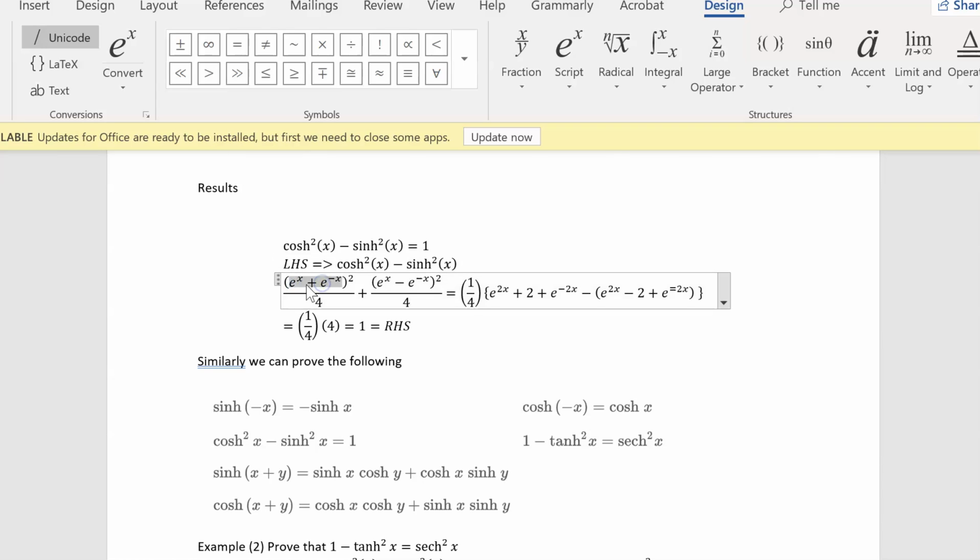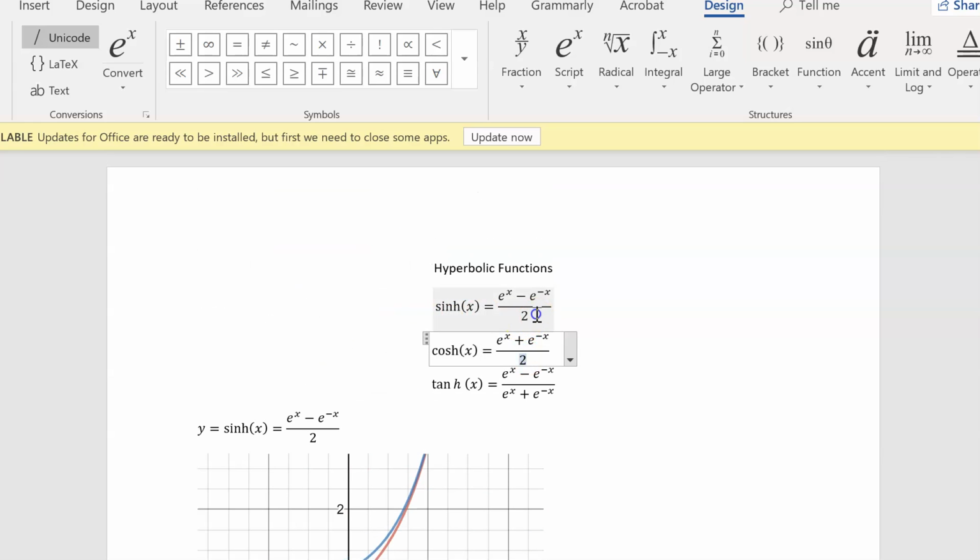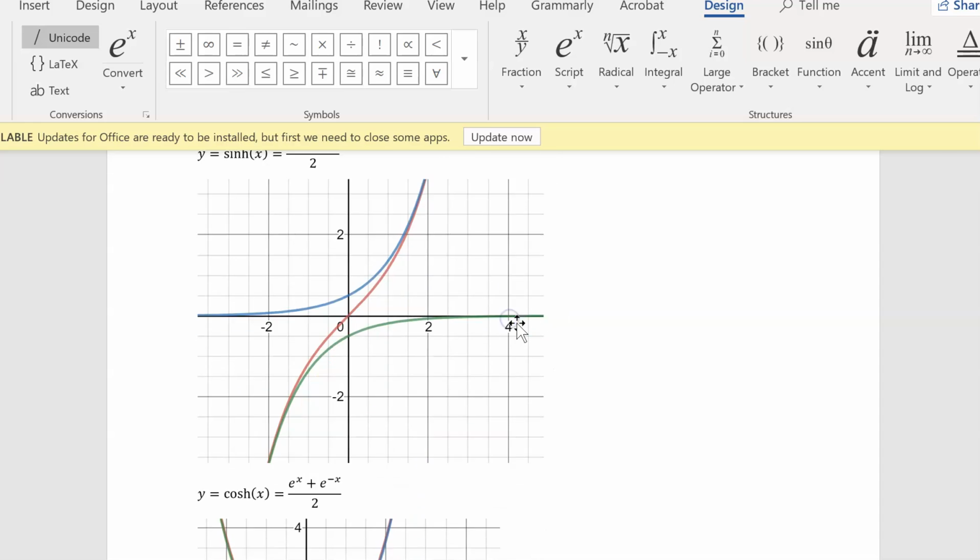If you square that, you get e to the x plus e to the negative x, quantity squared, over 4, minus, and hyperbolic sine is e to the x minus e to the negative x, quantity squared, and again there's a 2 on the bottom that becomes 4. So this squared, e to the 2x, e to the x minus e to the negative x, squared over 4.